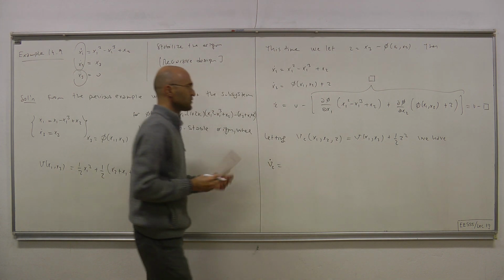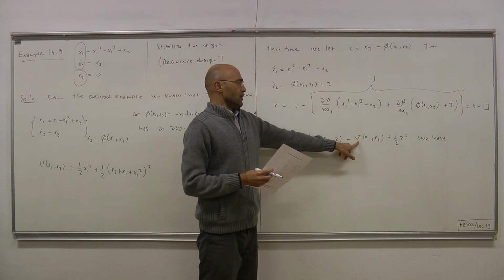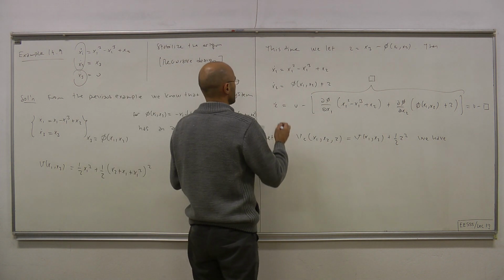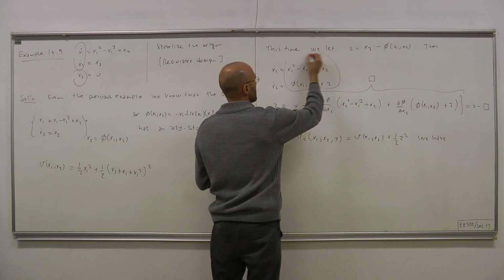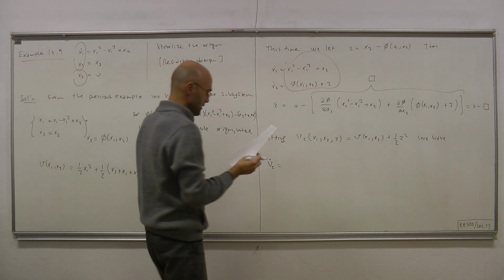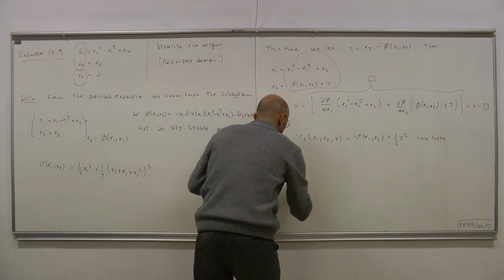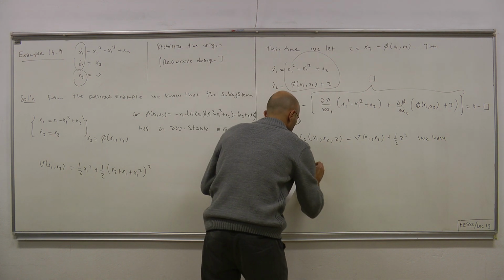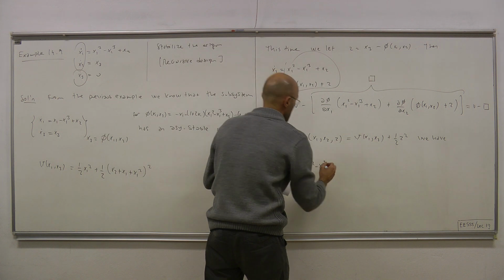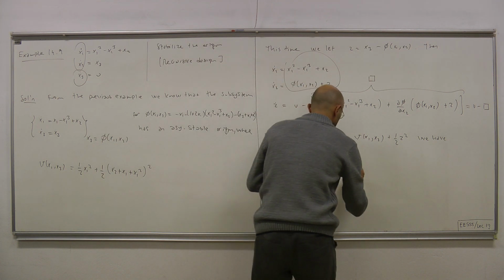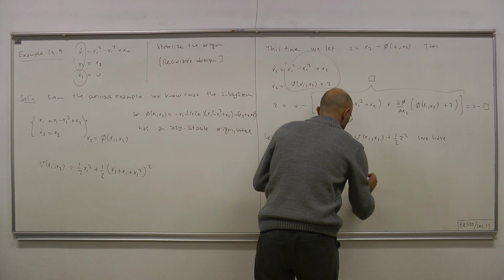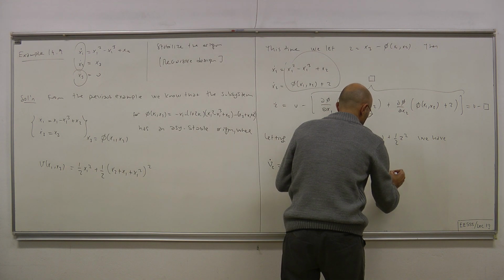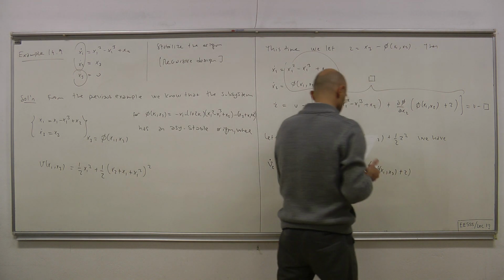Vc dot equals the gradient of v, and then you take the inner product of that gradient with this vector here. That we can write as partial v with respect to x1 times x1 dot, which is x1 squared minus x1 cubed plus x2, plus partial v partial x2 times x2 dot, which is 5 x1 x2 plus z.